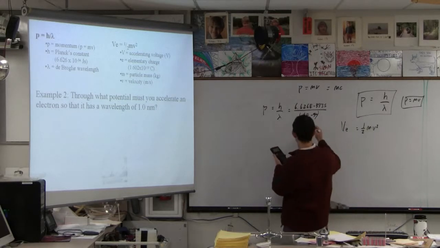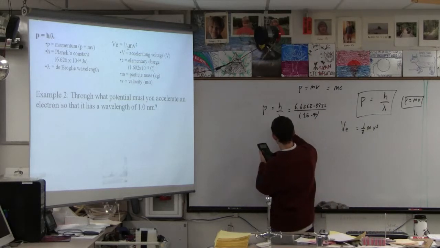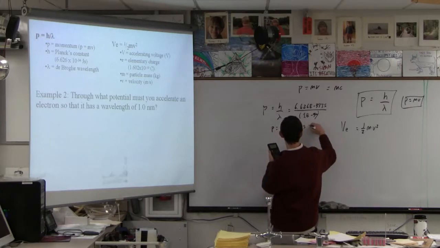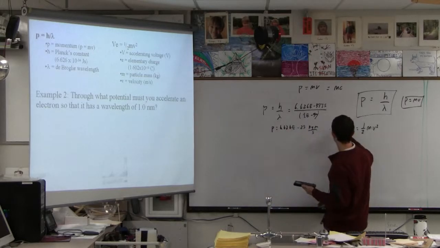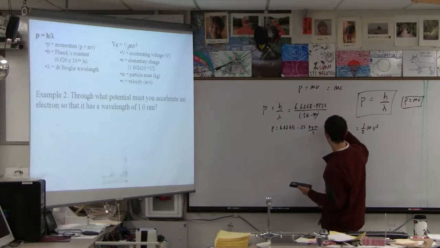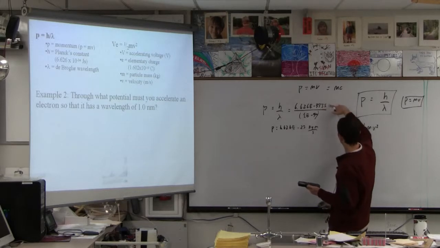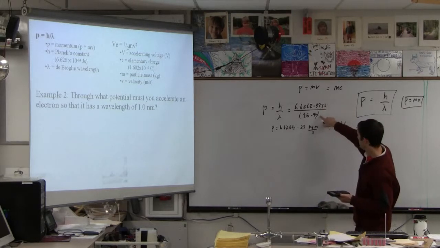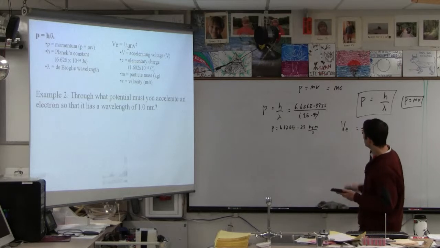And we didn't need a calculator for this, did we? The momentum is 6.626 e minus 25 kilogram meters per second. And of course, that works because it's kilogram meters squared per second squared. Get rid of a second, get rid of a meter.